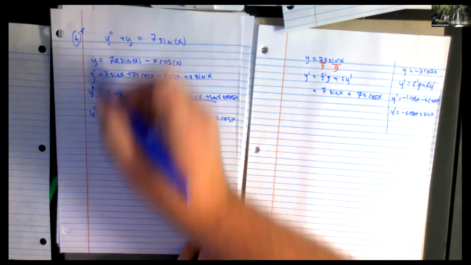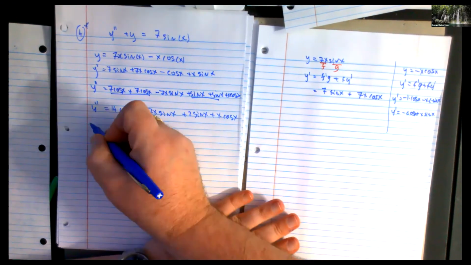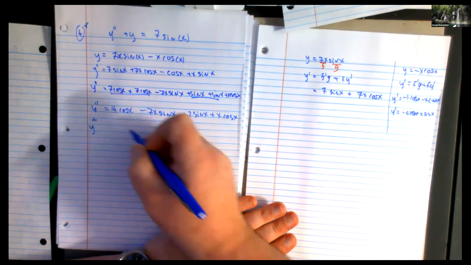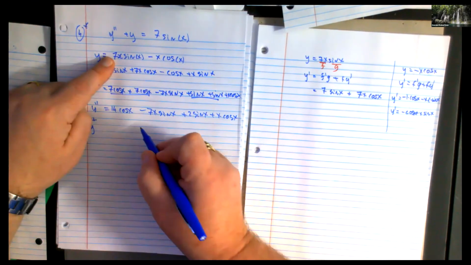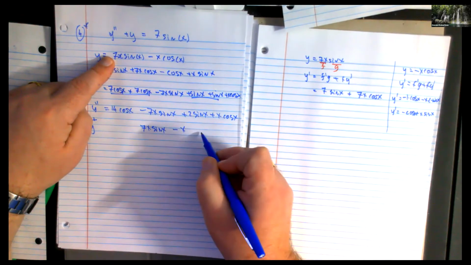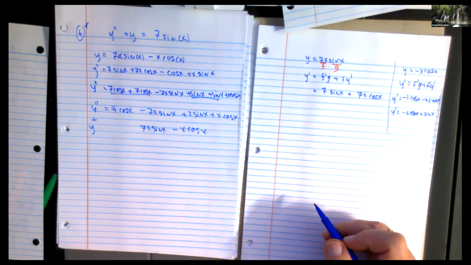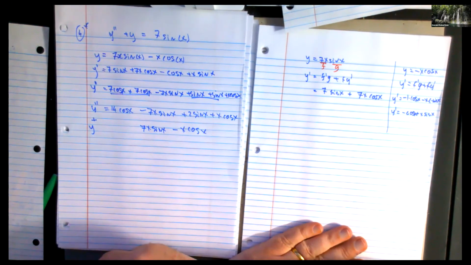Second derivative first. So all of that, add y underneath. So I'm just going to add 7x sine x minus x cosine x. That's cool. And if everything works out, it should be 7 sine x.